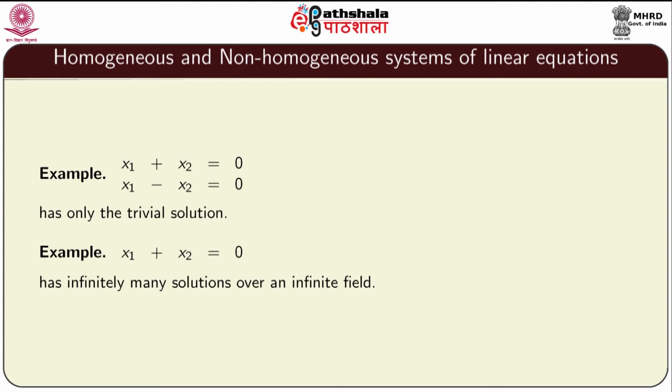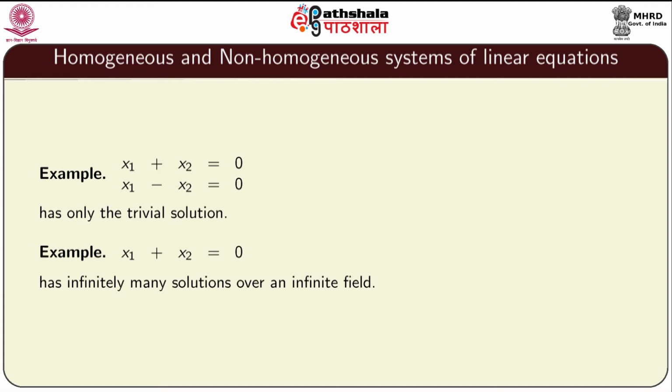Examples. The first example, of course, is a system of homogeneous equations because of the zeros on the right hand side of the equality sign, and it is not difficult to see that the only solution possible is the trivial solution. Whereas, in the second example, which is also homogeneous, there are infinitely many solutions if the base field is an infinite field.